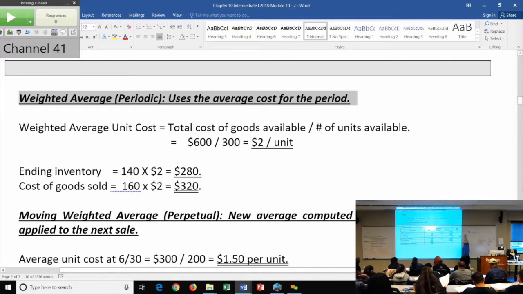Next, we have a purchase on May 1. All right, so what have we got? Now you've got $300 available in terms of dollars. Number of units, 200. Now your average cost is $1.50.